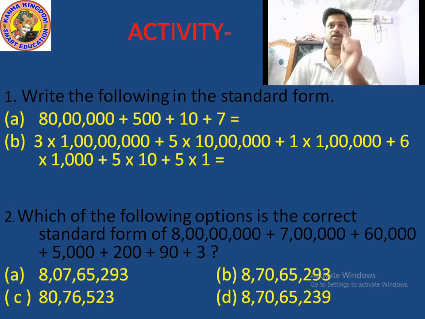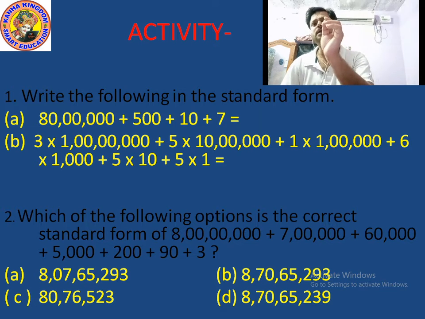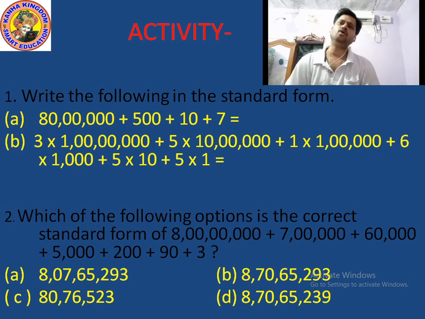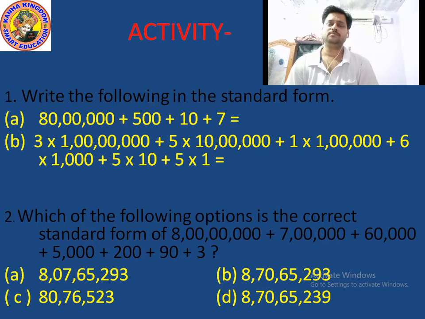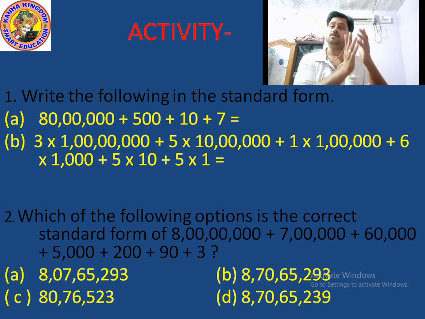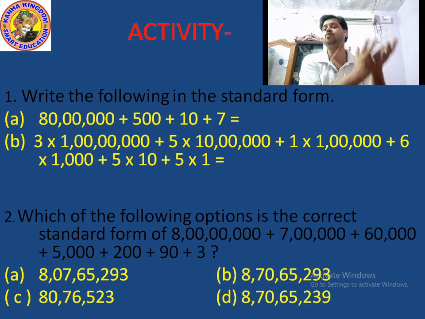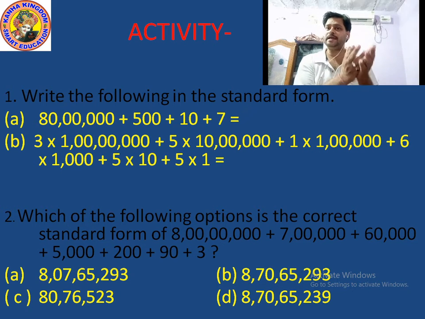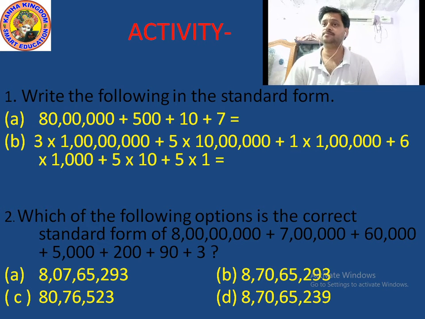How? I will just give a little hint. First you check the commas. How many commas are in your question? First number is 8,00,00,000, which means 3 commas.